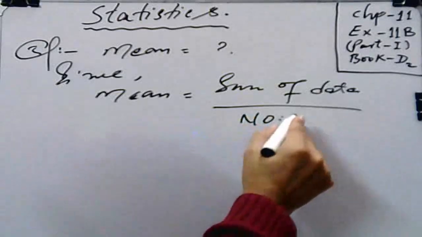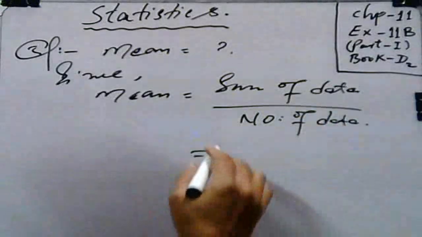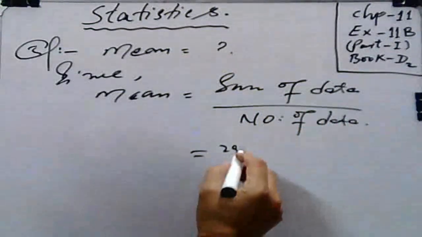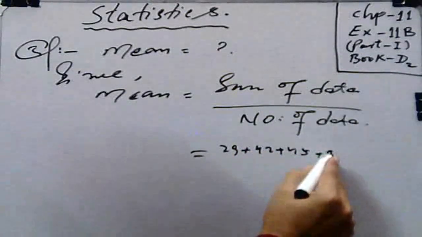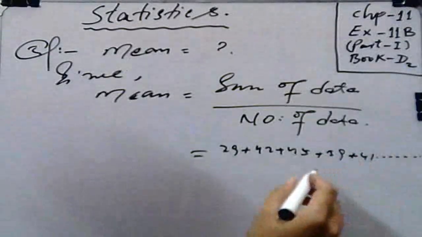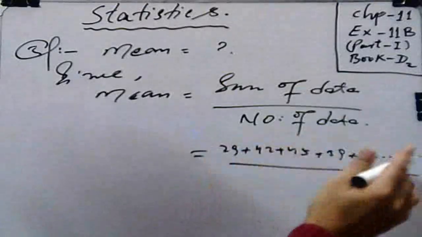So the sum of data, for example, 29 plus 42 plus 45 plus 39 plus 41 and so on, all the terms which are given. If we count the number of terms, that is equal to 14.